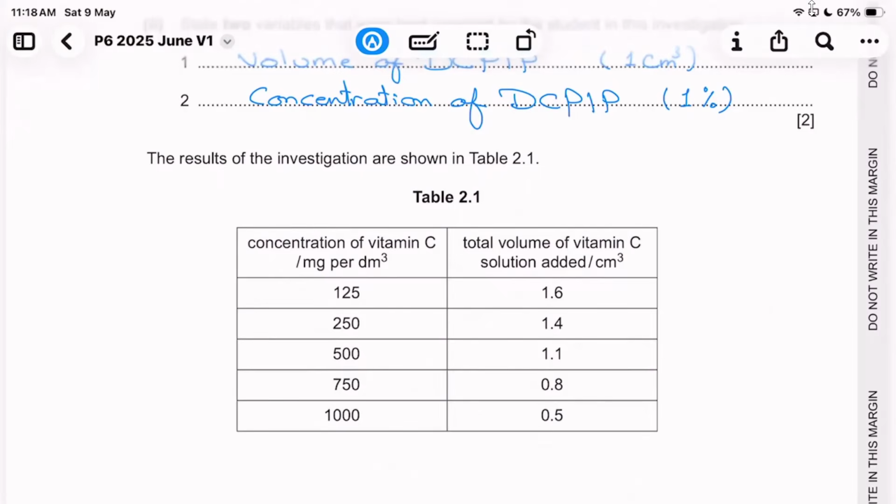The first column of this investigation is the independent variable, the concentration of vitamin C, and we have to put it on the x-axis. And the second column, the total volume of vitamin C solution added, is the dependent variable, which we have to put on the y-axis.